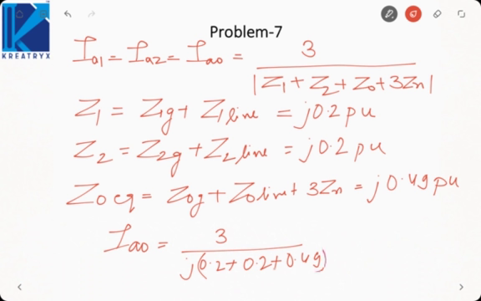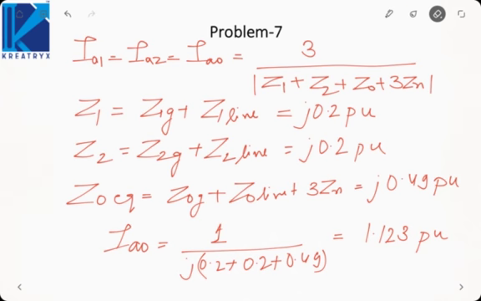So how much will this IA0 come out to be? IA0 will be 1 by 0.89. It will be 1.123 pu.